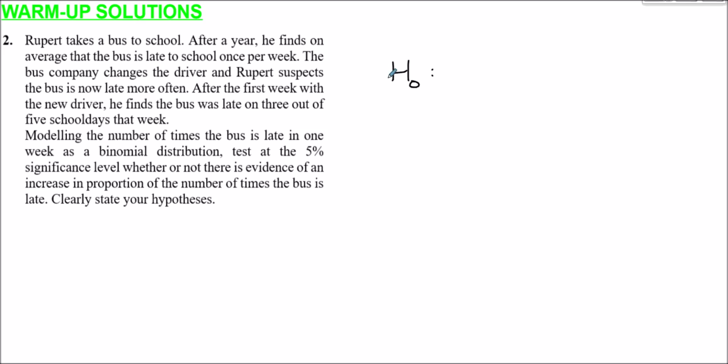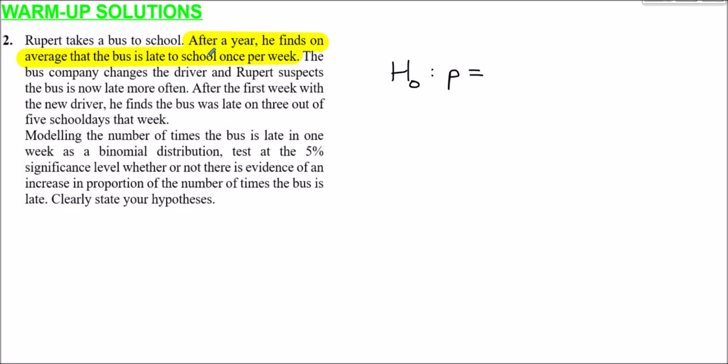So what we would assume is that the original case is still true. So after a year, originally, it turns out that the bus was late once per week. So H0 almost always is assuming nothing's changed. So we'd assume that the proportion of times this bus is late is once per week.